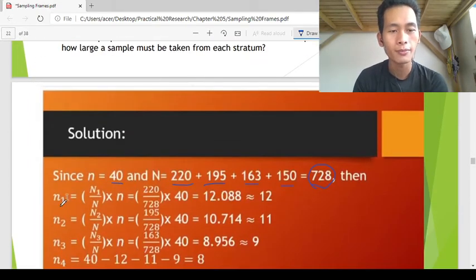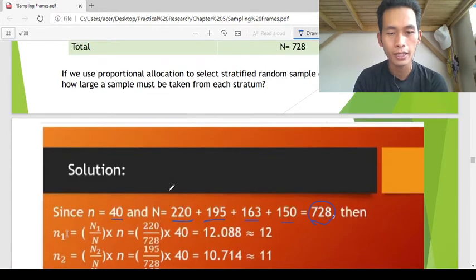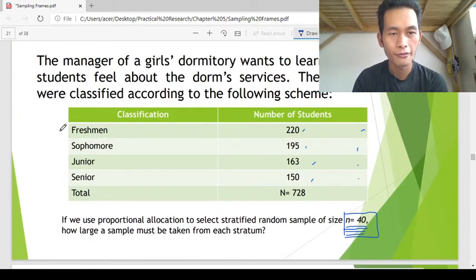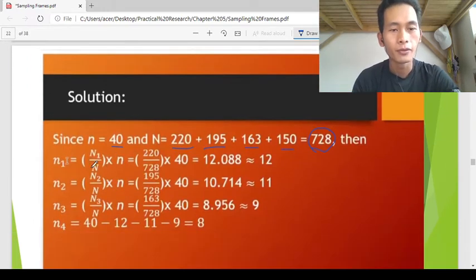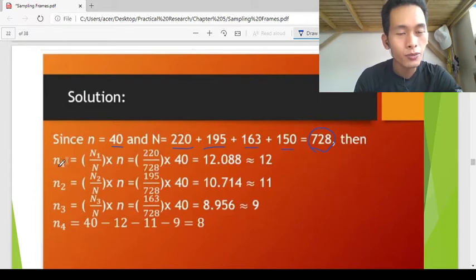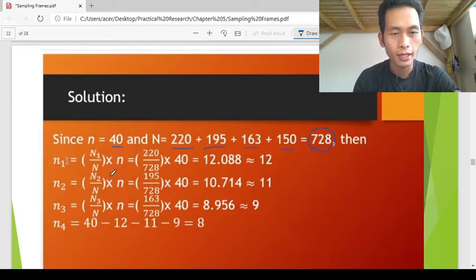Now, n sub i refers to the number of the population to be taken out from freshmen, right? So small n sub 1 is equal to capital N sub 1 divided by the population times n.